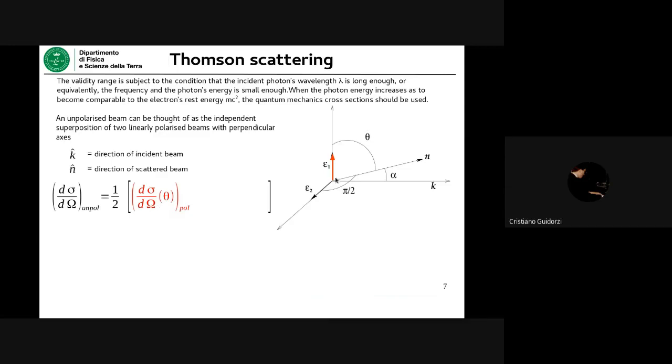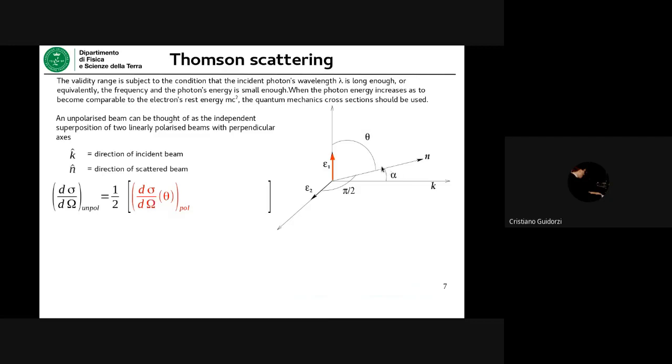In one case, if you consider the vertical component, the one with epsilon 1, we already saw that when the angle between n and the vertical position is theta, we just derived in the previous case the formula here, which I put in red. What in the other case?